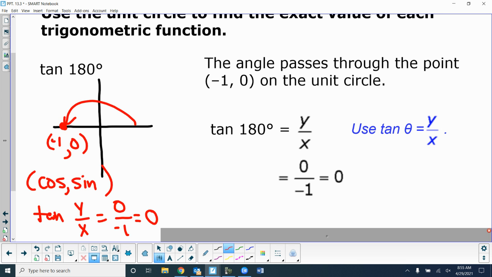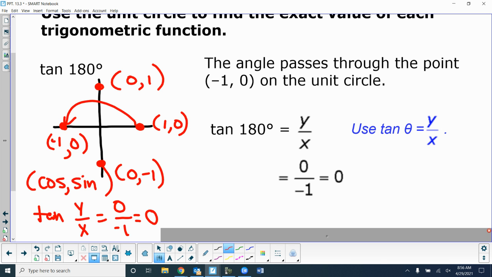Okay? So those are kind of tricky because you can't draw the triangle because they're on the x or the y axis. You know, if we're talking 90, what's that point? 0, 1. Good. If we're at 0 or 360, we're at 1, 0. If we're at 270, we're at 0, -1, right?